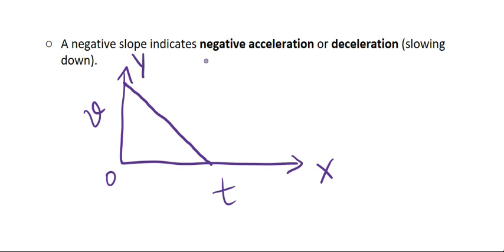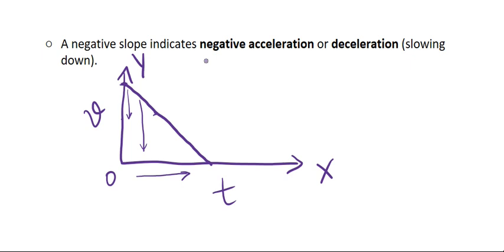But what is the meaning of this negative slope? That means as we move along the time axis, the velocity of the object was initially at some higher value, and as time increases, the velocity drops to some lower value, further drops to some lower value, and so on.